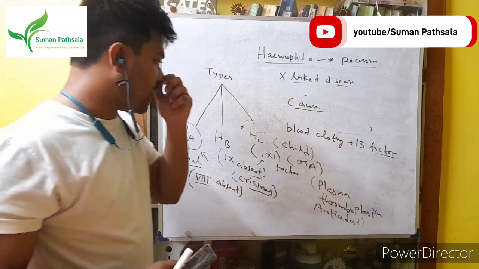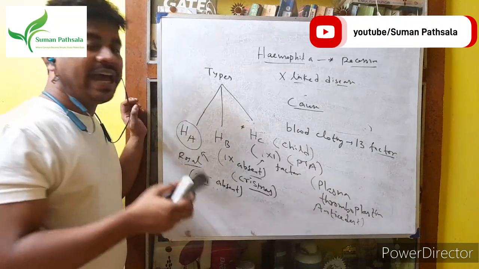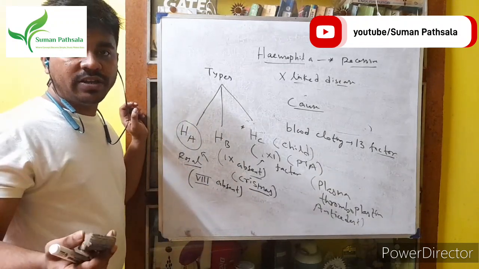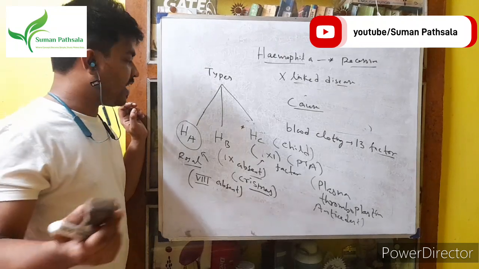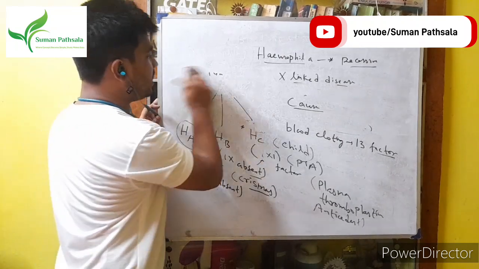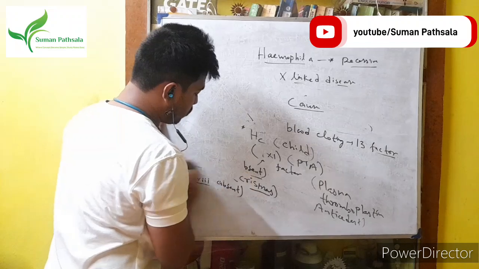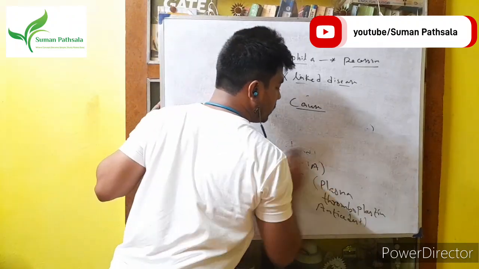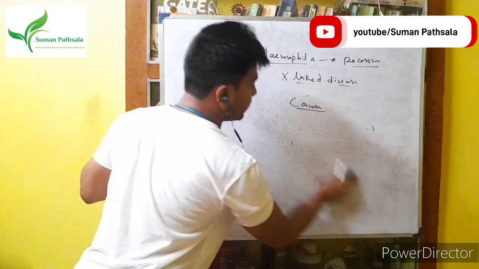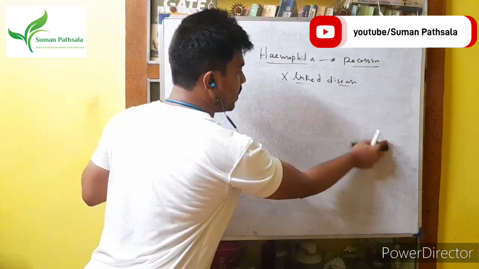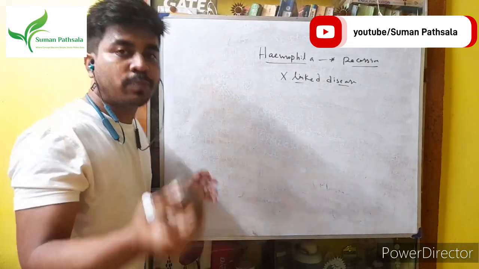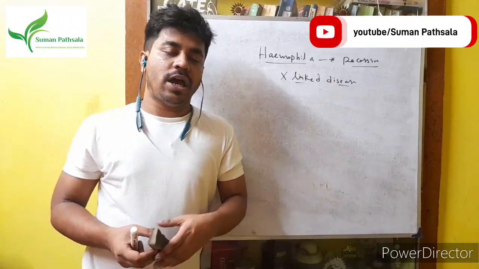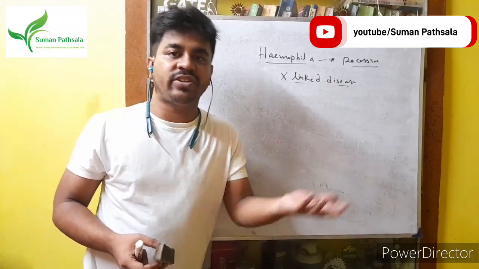Now we have to understand, if any patient has haemophilia, what is the probability that their offspring will have haemophilia. So I erase all those things. Now we continue with haemophilia. If any patient has haemophilia, what can they do, and what type of partner should they choose for marriage or for their next generation?